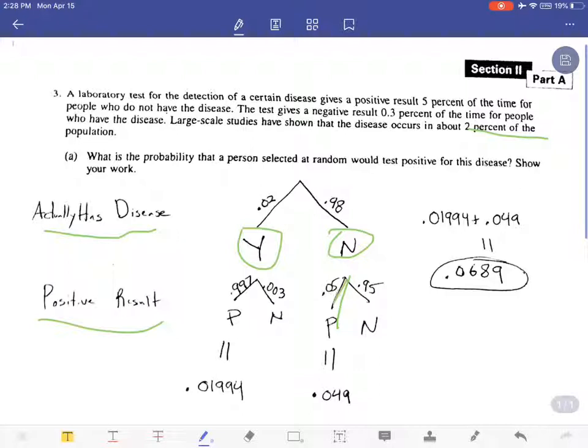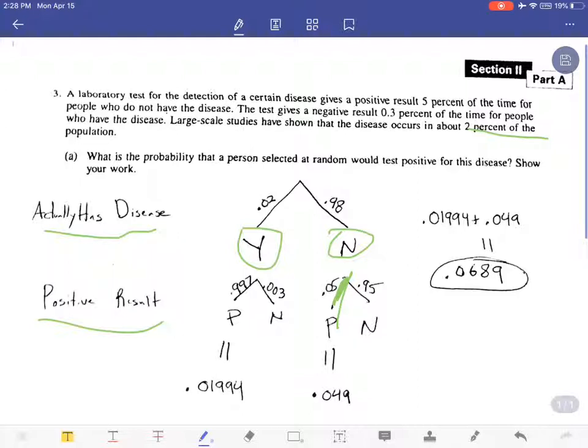So that's where we get this part of the tree, because it tells us that people that don't have the disease test positive 5% of the time due to an error, which means that 95% of the time people that don't have the disease are going to test negative.